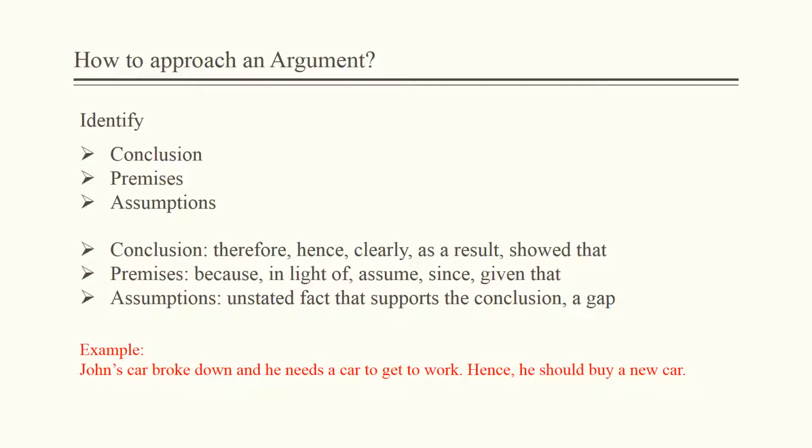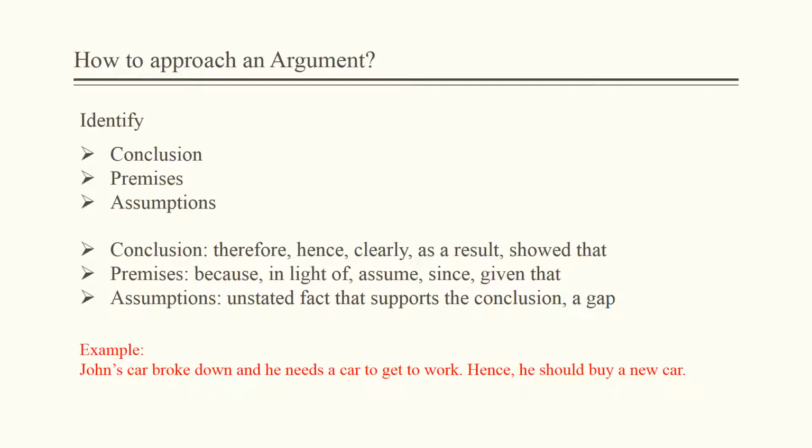So, as you read the argument, you've identified the premises and the conclusions, and there are some questions that came up. Now, these questions are pointing out the gap that leads to the assumption. The gap is between a broken car and still needing a car to get to work. Now, the assumption is there is no other way to have a car.